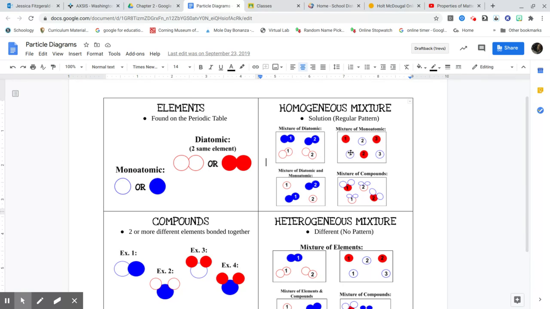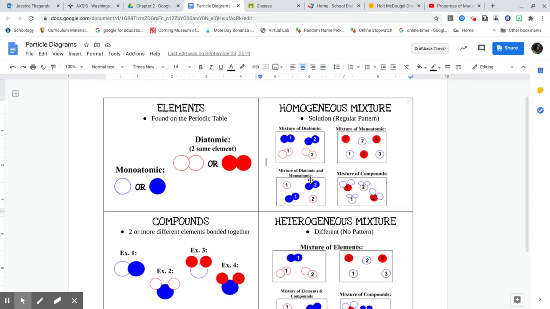And then here is your second element, 1, 2, and 3. And we know that they're different, but they have the same number. So we could say these are 3 iron and these are 3 silver. If we look at the diatomic, we could say these are 2 oxygen and these are 2 hydrogen. So it's a mixture of diatomic hydrogen and diatomic oxygen here. And this is a mixture of 3 silver and 3 iron.